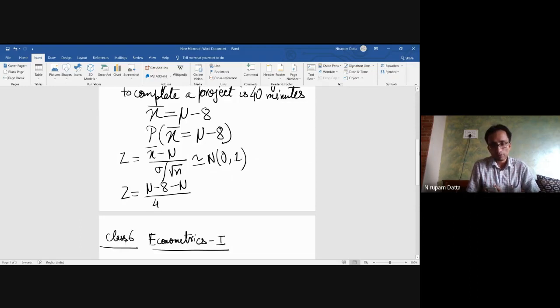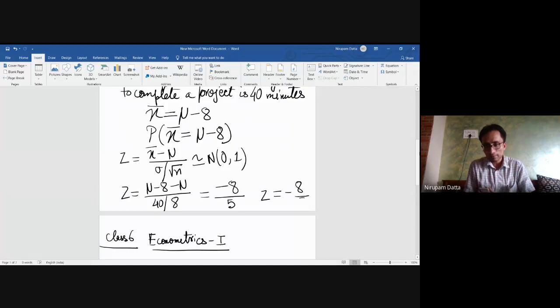Sigma is 40, and the number of students is 64, so root n is 8. So 40 by 8 is 5. Minus 8 over 5, so z is equal to minus 8 by 5.